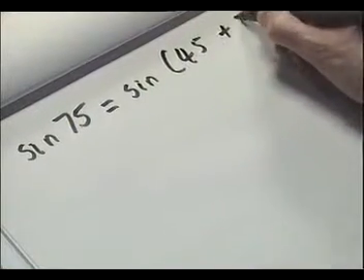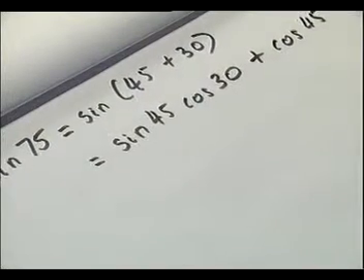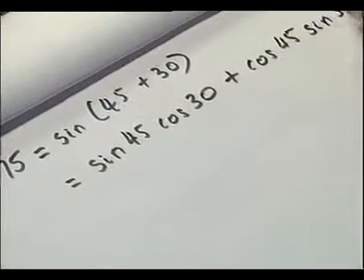Well, 45 plus 30 gives us 75. And 45 and 30 are two of the angles that we know exact sines and cosines for. So, this would be sine of 45 cos of 30 plus cos of 45 sine of 30.